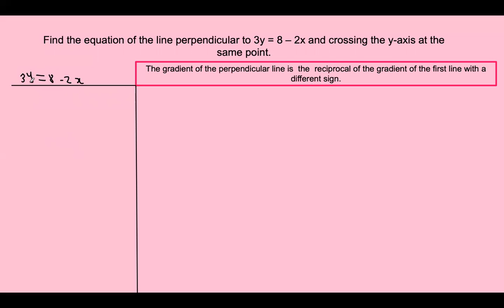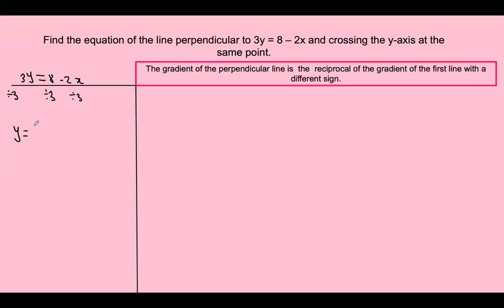So what we need to do is rearrange, because all we need is y by itself on one side of the equation. And you can do this by dividing both sides by 3, and that means every single term of every side. So we divide the 3y by 3, we divide the 8 by 3, and we divide the minus 2x by 3, right? And this is what this equation is going to look like.